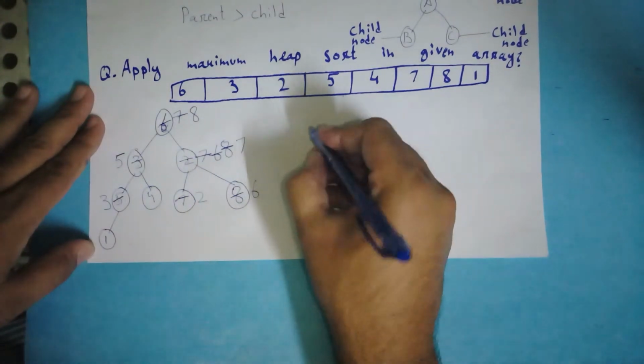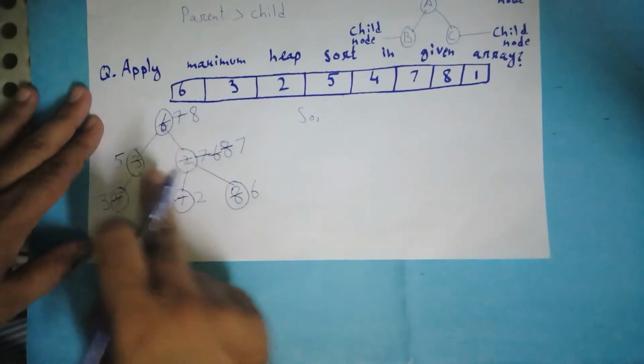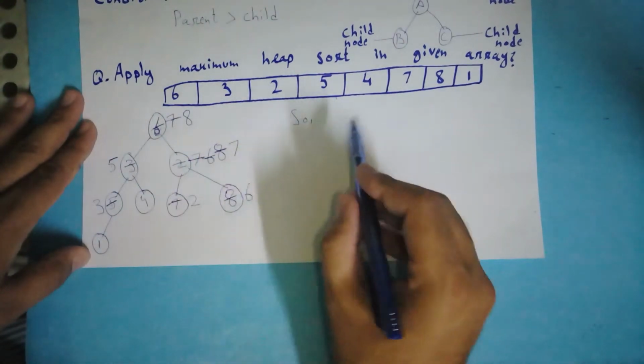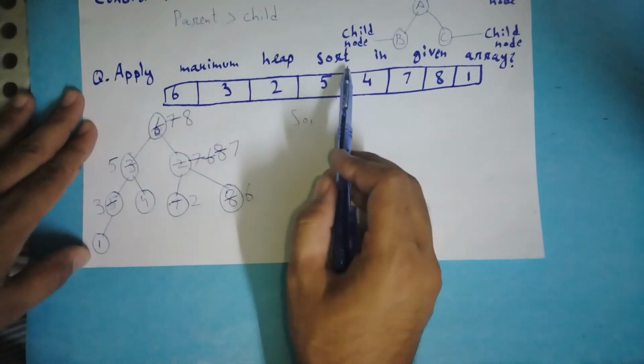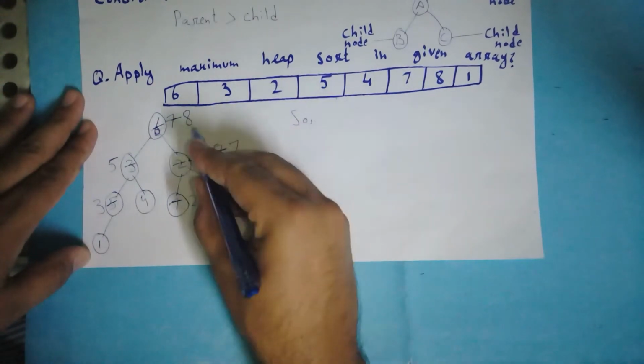So if I write it down clearly over here, whatever I've just done in this part. When you apply maximum heap sort on this array, your tree is going to be like this.